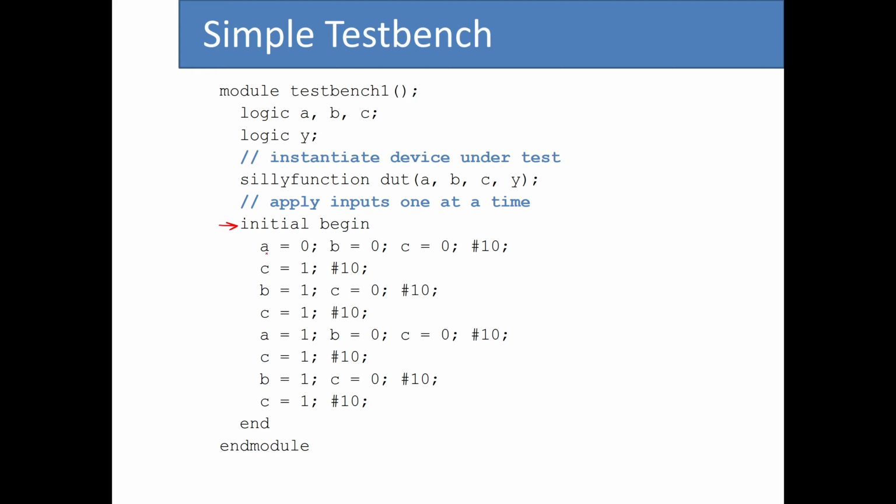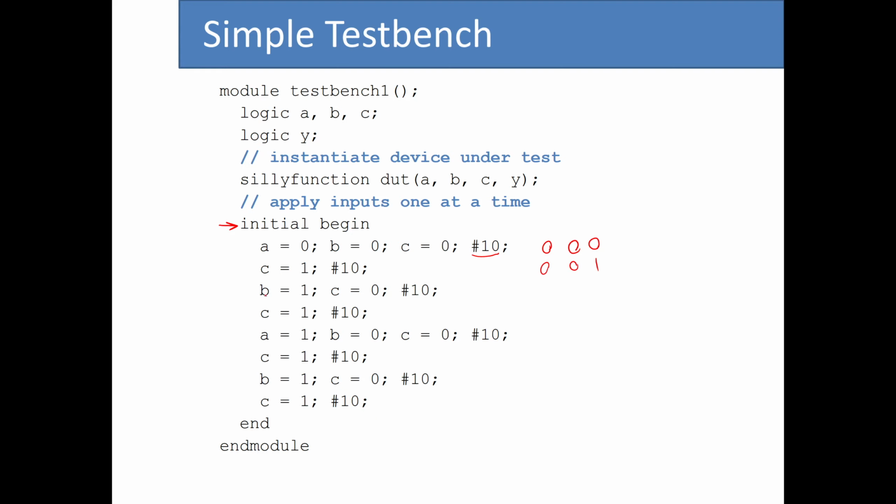As we can see, at the beginning we assign A to be 0, B to be 0, and C to be 0, and we have hashtag 10, which means that we stay in this state for 10 units of time. After that, we change the value for C from 0 to 1, and then we wait 10 more units of time. So we have 0, 0, 0, and then 0, 0, 1.